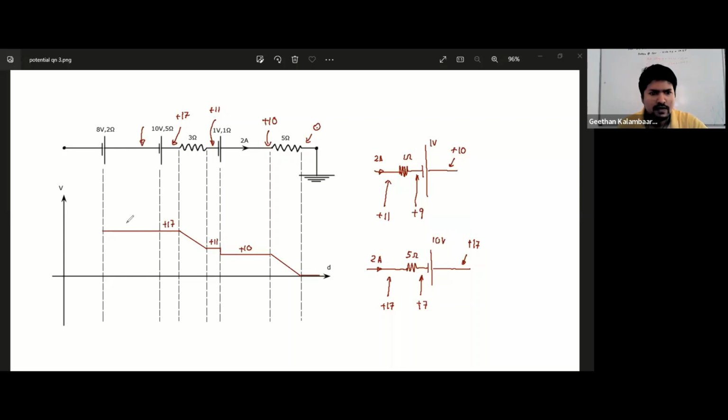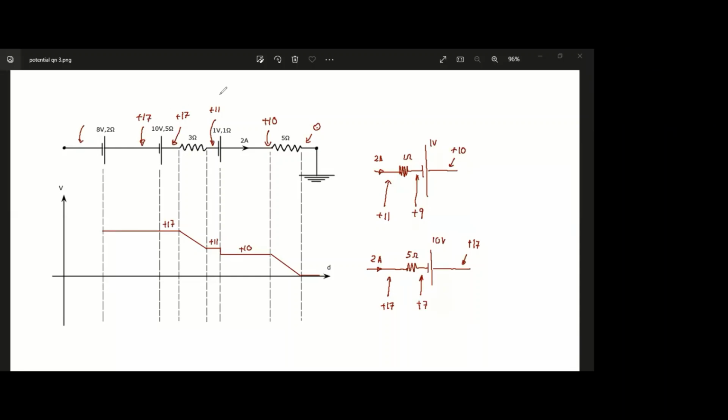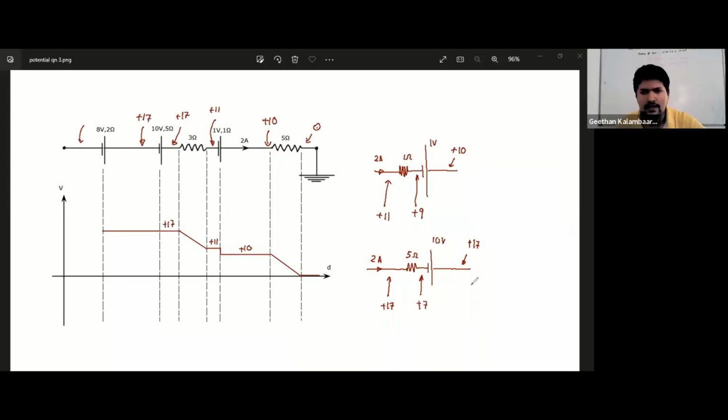No change, plus 17. And the third cell: 13. Let's check.